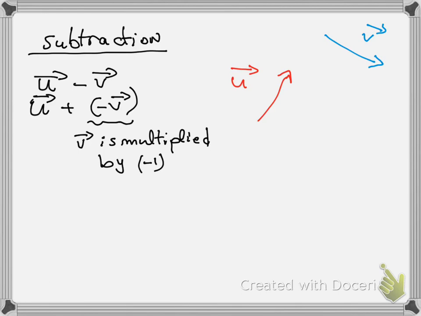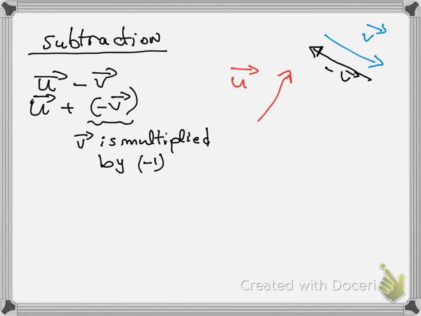And because negative 1 is a negative number, the direction must be the opposite. So this is a vector v. Then minus v would be the vector whose length is the same but of opposite direction. So here, this is minus v. It's the same vector but just of opposite direction. So minus v is just negative 1 times v.